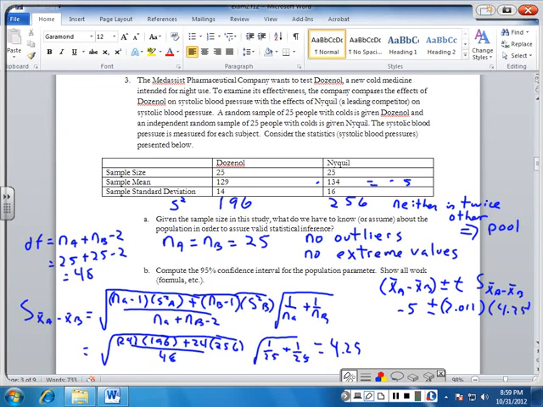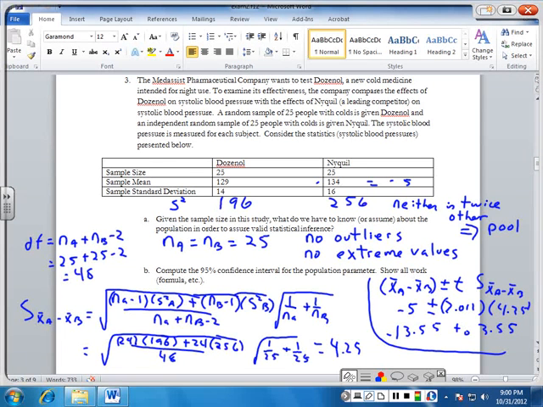And taking that all out, I think when I did this I made that plus 5, but it doesn't make any difference here. When I did it, it's minus 3.55 to 13.55, but this way it's going to be minus 13.55 to 3.55. And so that's the confidence interval there.